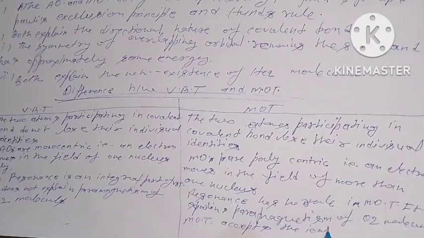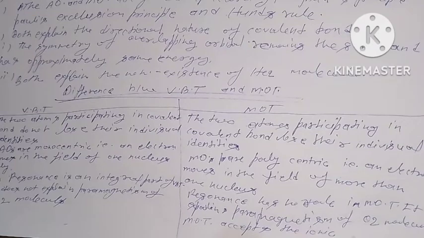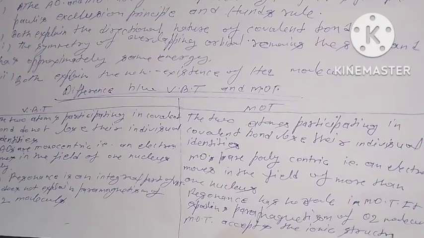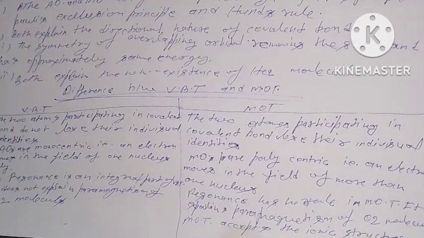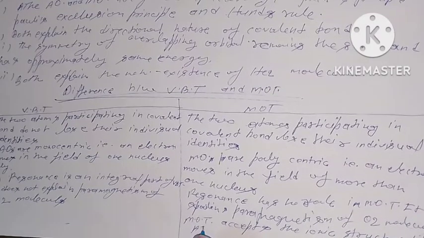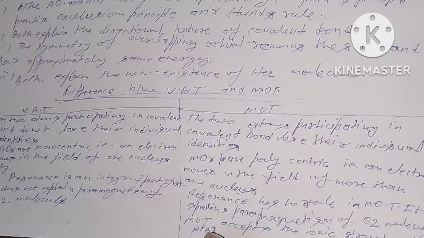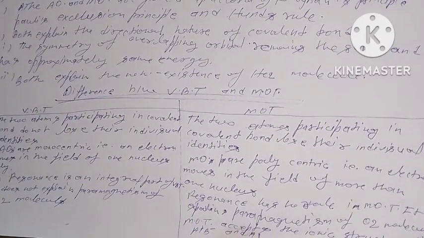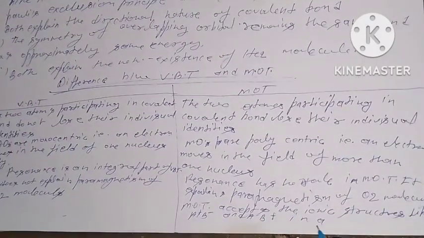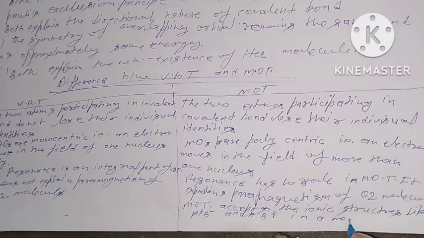the ionic structures like A plus B minus and A minus B plus in a molecule like AB.